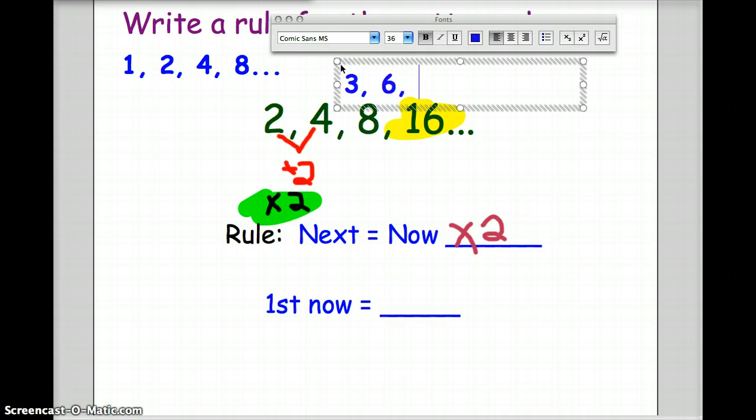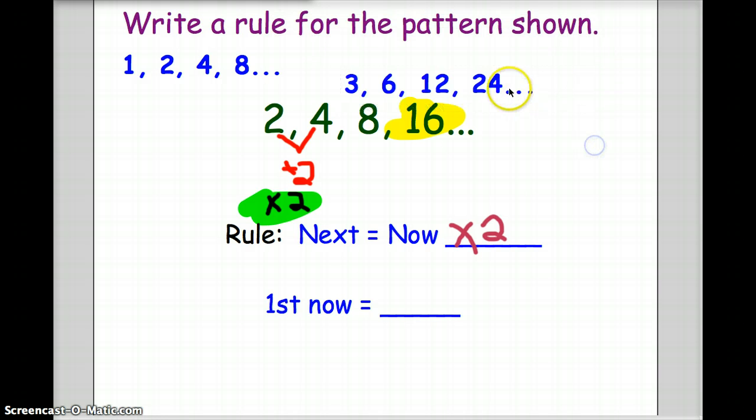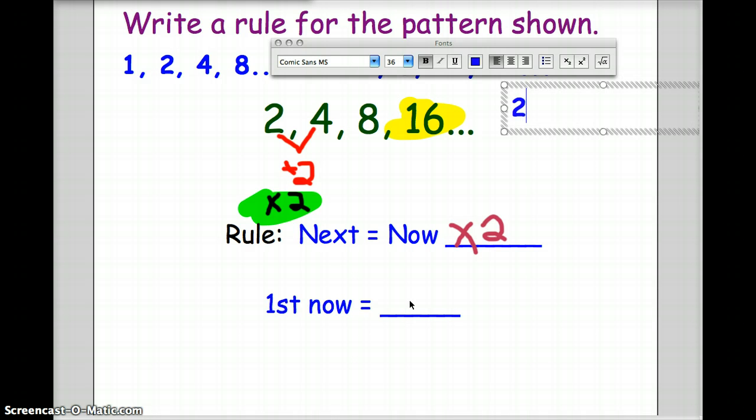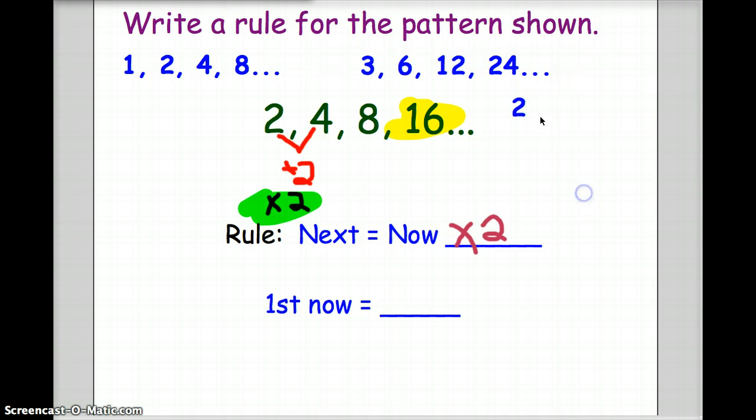I could have 3, 6, 12, 24, and so on. Again, I'm still multiplying by 2 each time, but it's not the same pattern. So in order to know what the pattern is, I have to tell where to start. So I'm going to say that next equals now times 2. My first now, or the number that I'm starting with, is also 2 in this case. So my first now is 2.